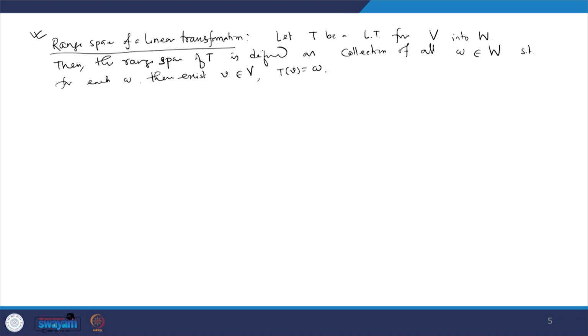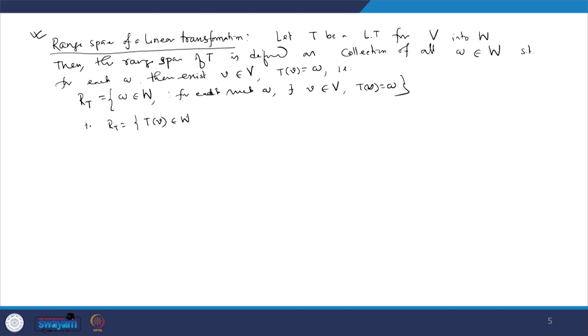Mathematically, if I denote it by RT, then RT equals the collection of all T of v belonging to W. That is, the collection of all the image elements of the elements of capital V.